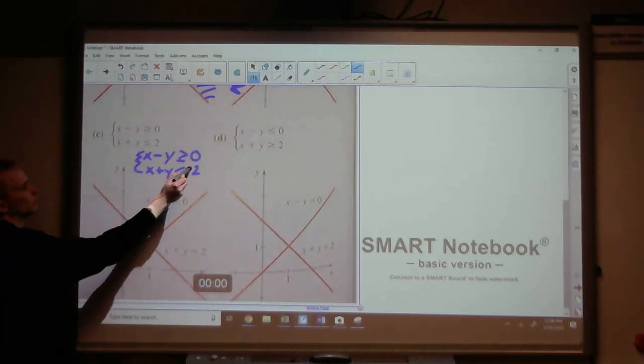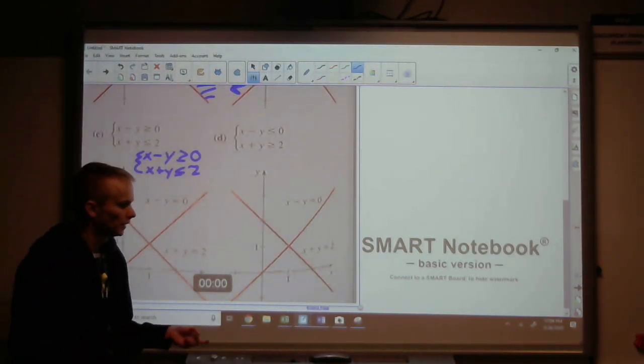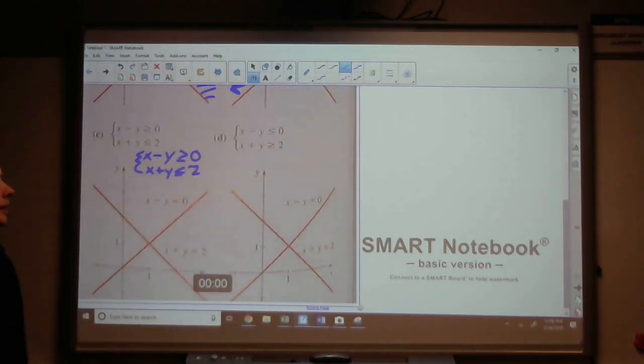Okay. So I'm going to demonstrate doing this one by plugging in points, so that we can see another way of doing this and see which way you like better. So this is our system of inequalities.